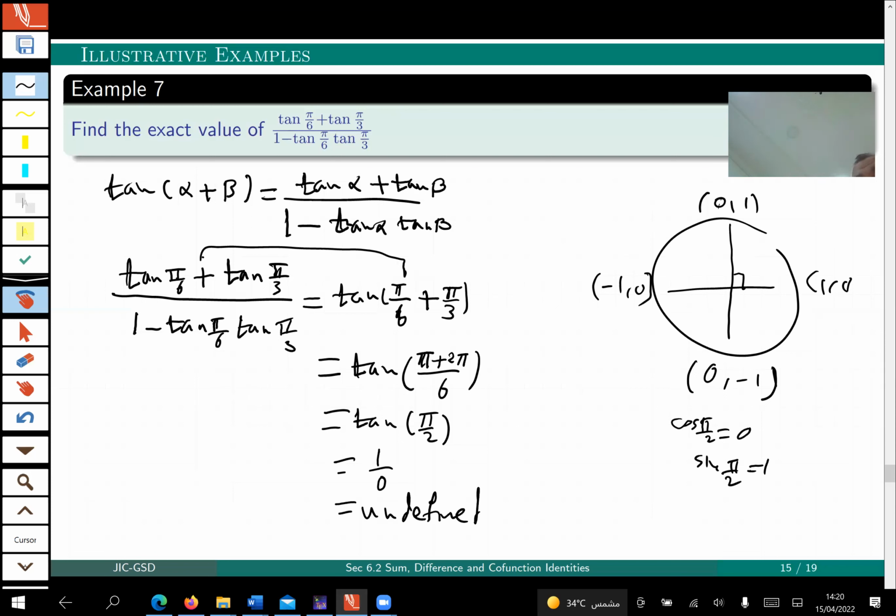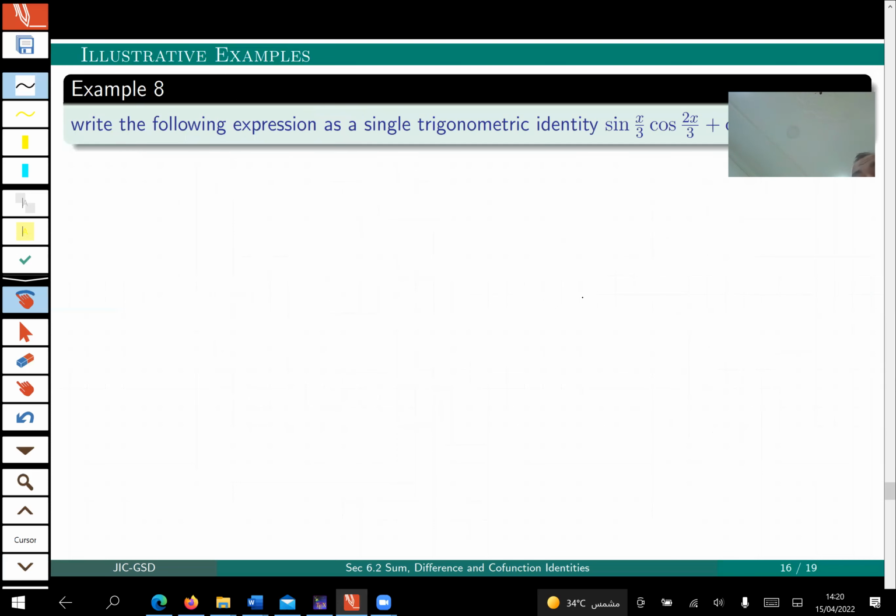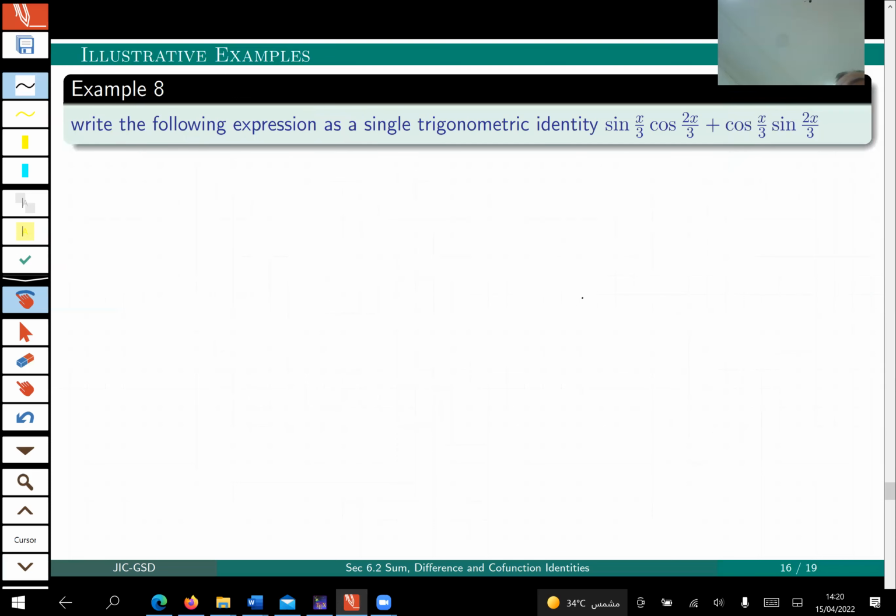Now, next question. It says write as a single trigonometric function. Single trigonometric means one trigonometric function. So if I have sine x over 3 times cosine 2x over 3 plus cosine x over 3 times sine 2x over 3, since it's alternating sine, cosine, cosine, sine, this must be equal to sine.